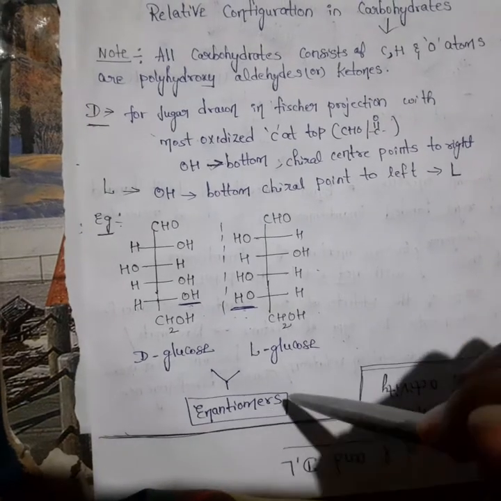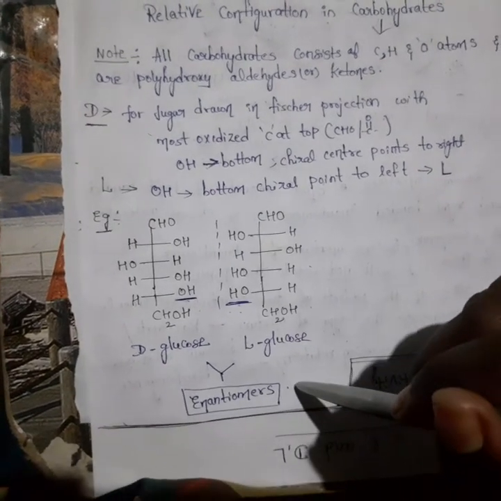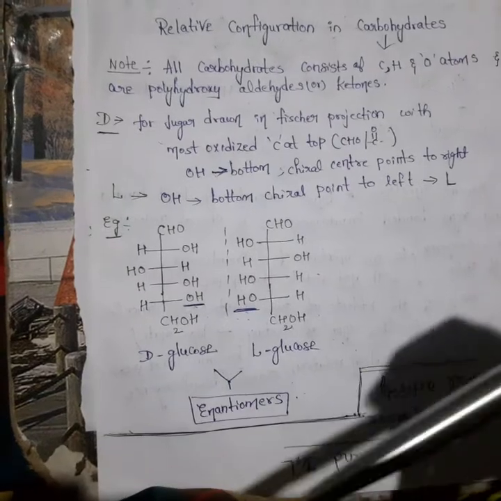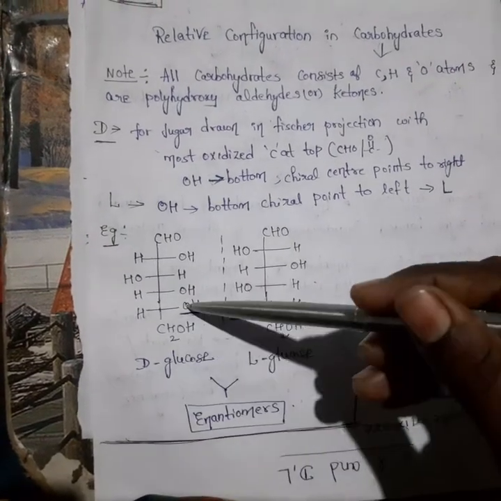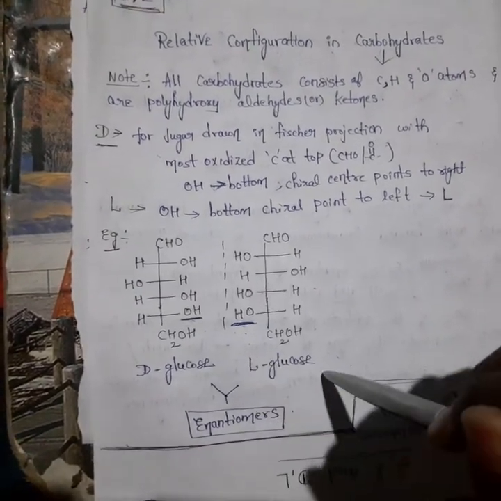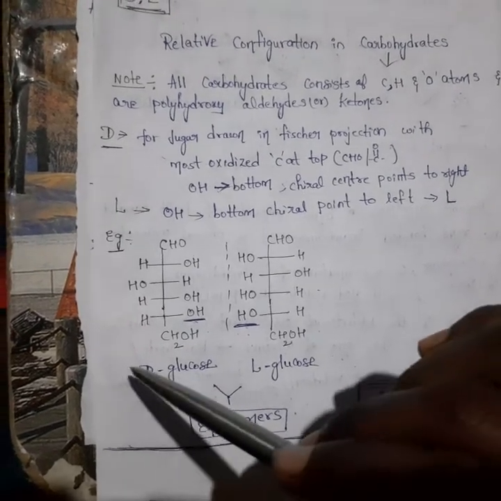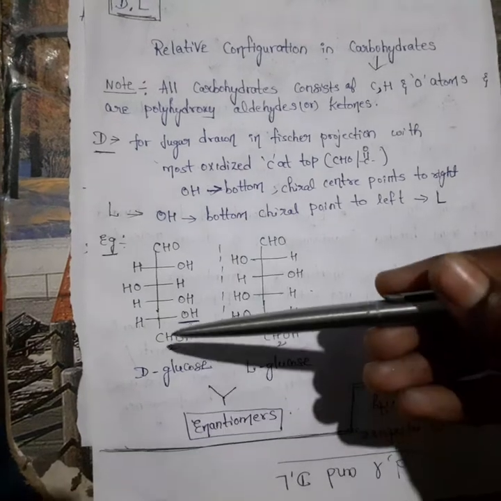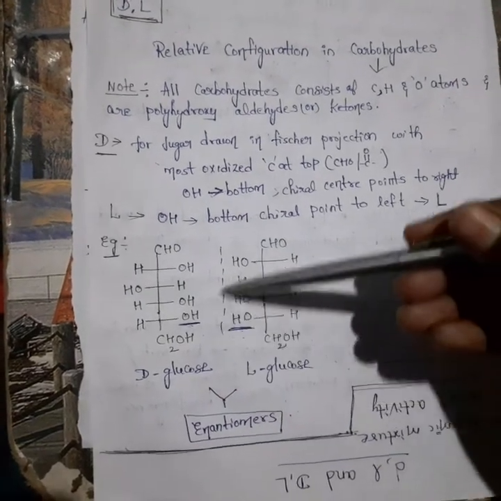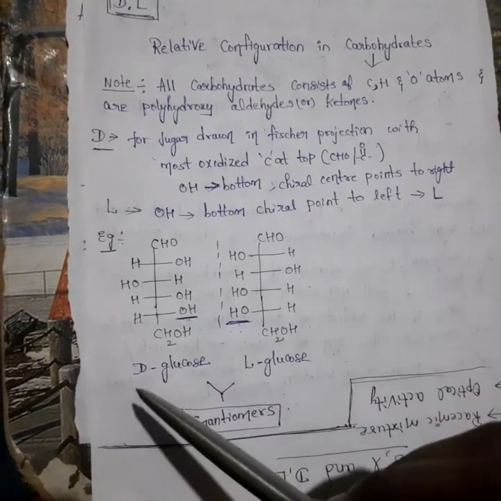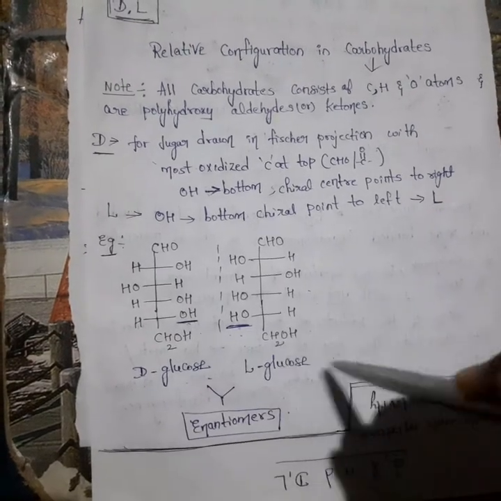So these are enantiomers. So if they give D glucose and ask to find the L glucose for carbohydrates, we just have to draw the mirror image of this. Then this is D glucose and here it is L glucose.